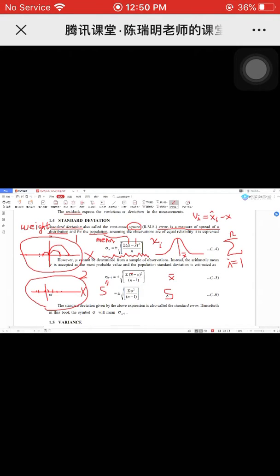This one divided by n minus 1 is knowledge of statistics. You just hear what I say. Maybe you cannot really understand very much, but you just listen and get some knowledge, an impression. That will be enough. So basically, this S, we call it a statistic estimator.